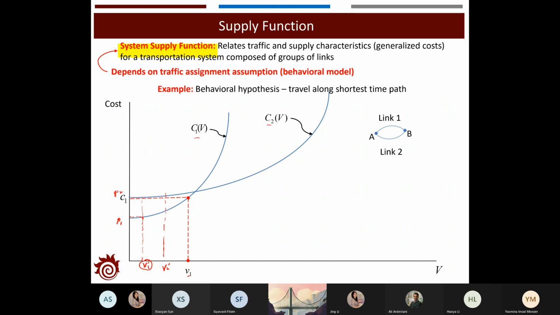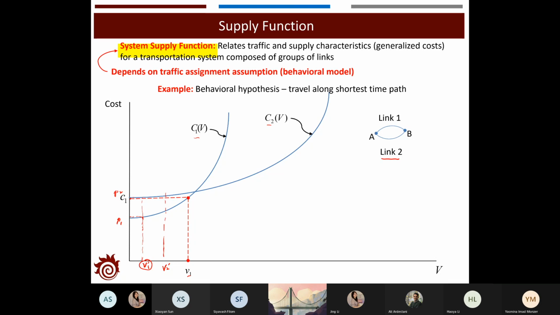You have another cost from link 2, which is also C1, but the flow there is very small. So for this specific case there might be no vehicles taking link 2. But if you increase it a little bit, then part of them will take link 2, and part of them will take link 1, and they can all get the same travel time from A to B.